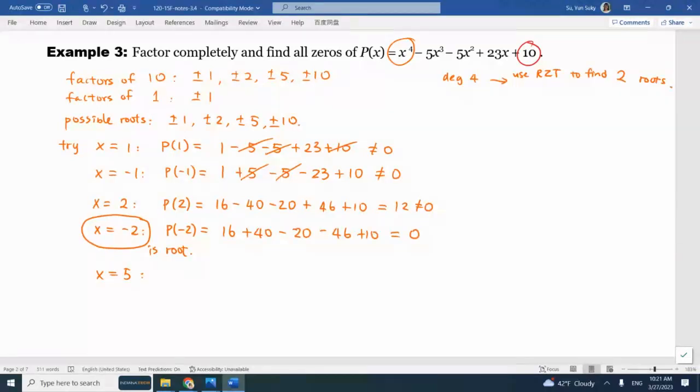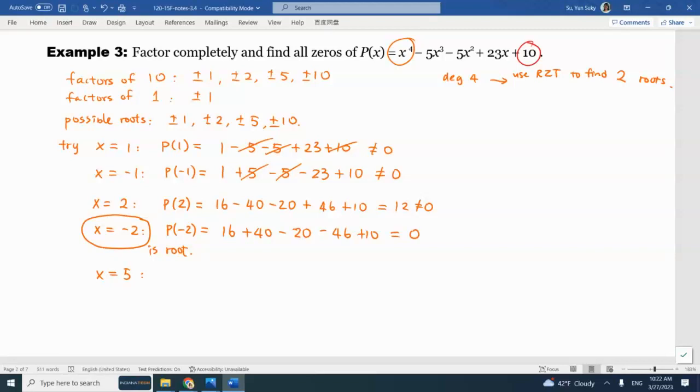You still need to use rational roots theorem to find one root until the remaining is a quadratic. Because quadratic, then you can use the quadratic formula. That's why before you get to degree 2, you still need to use rational zero to find the roots. That's a good question, right, everybody? Yeah, because when you get to degree 3, you still need to find one root and then do the division.